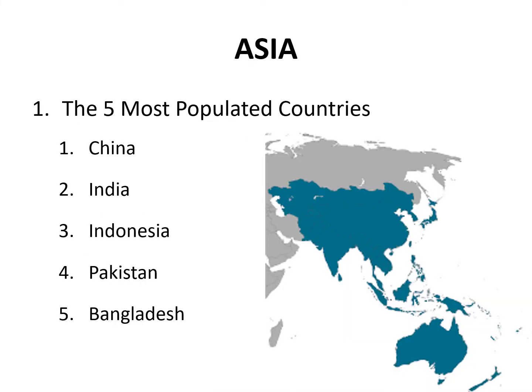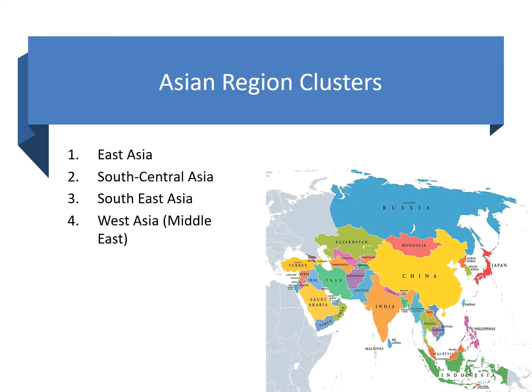Our next area of discussion is Asia, and the 5 most populated countries in Asia are China, India, Indonesia, Pakistan, and Bangladesh. So the Asian region clusters are East Asia, South Central Asia, Southeast Asia, and West Asia, also known as the Middle East.